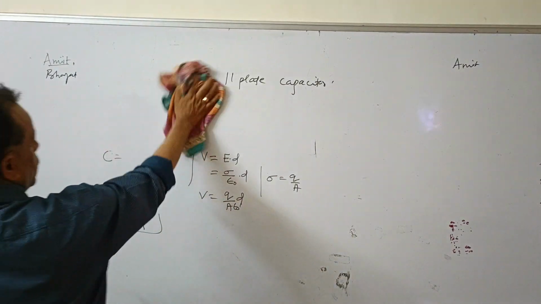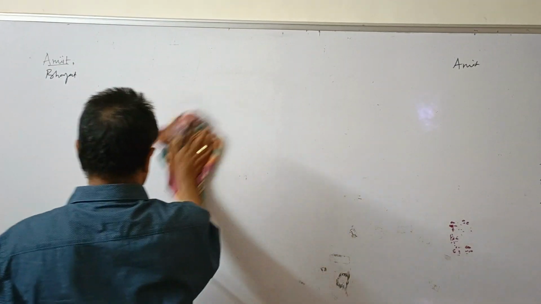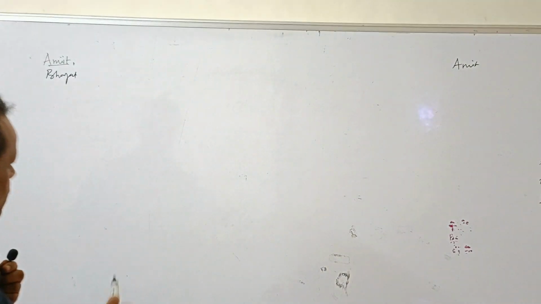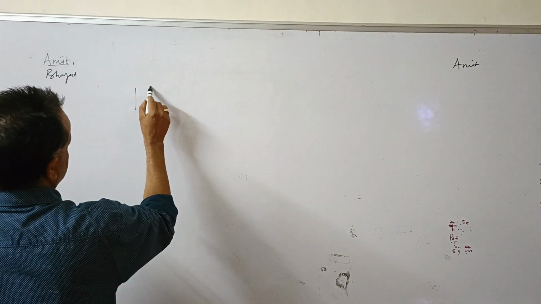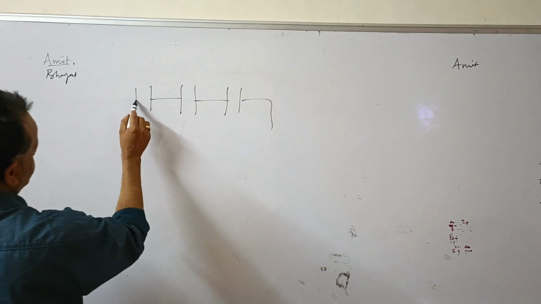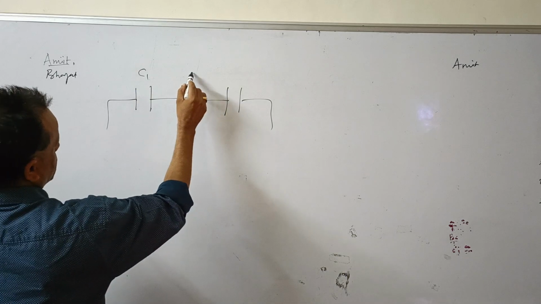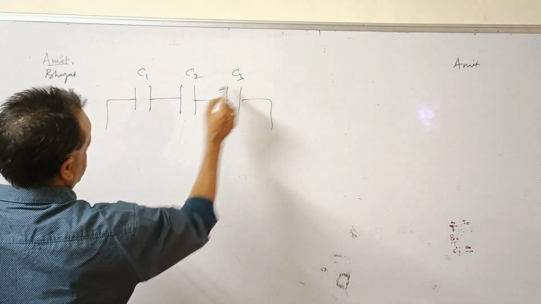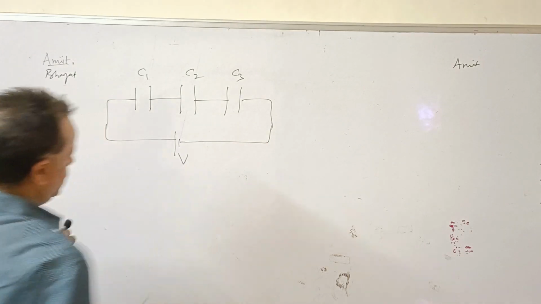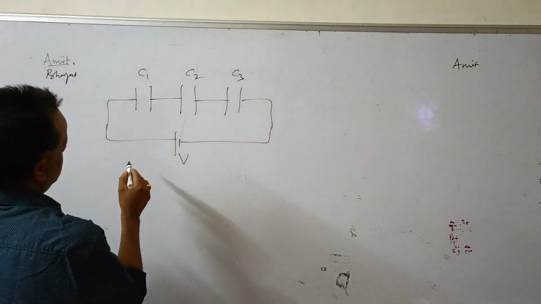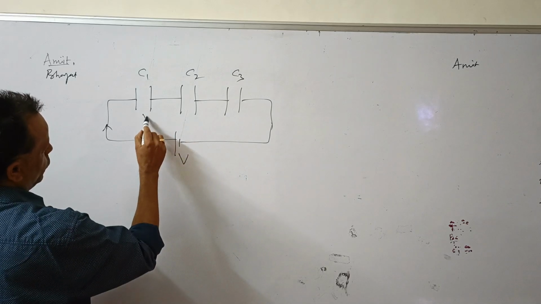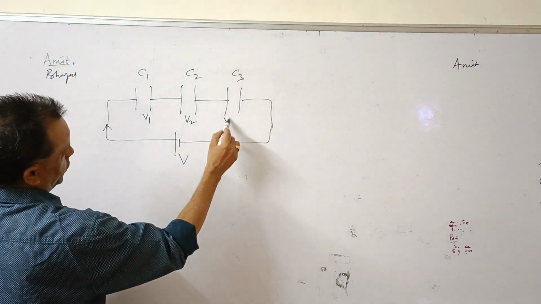Now we will calculate the capacitance when capacitors are connected in series and parallel. Let us suppose they have capacitances C1, C2, C3, connected to potential V. The charge will be constant throughout, and the potentials will be V1, V2, V3.